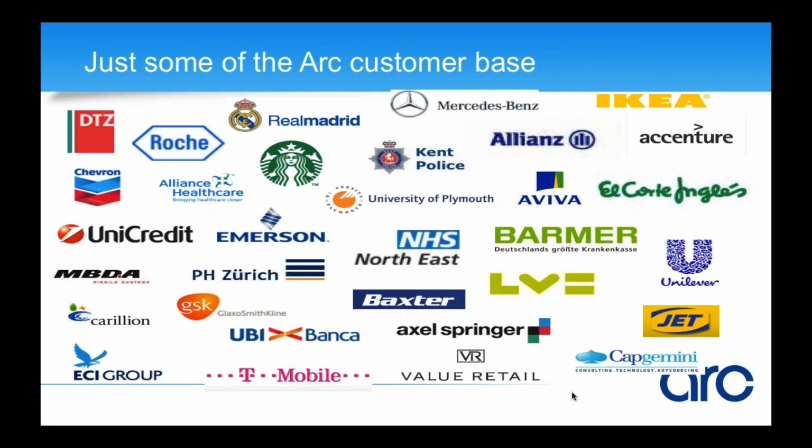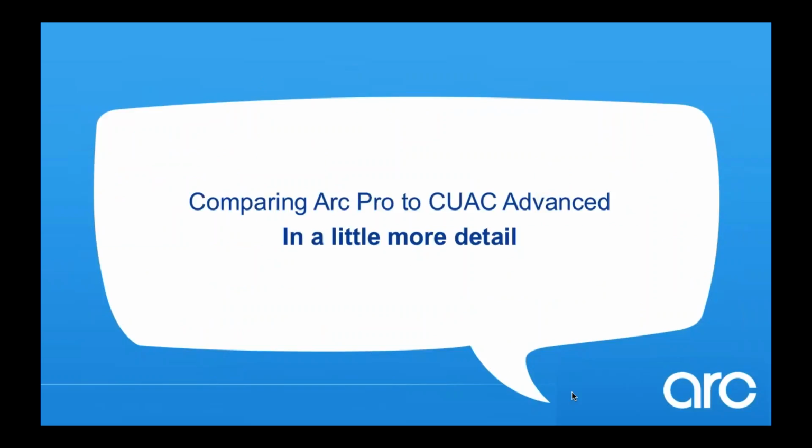So if there was a question as to which vertical Arc fits best in, well, there isn't one, and that applies to the Cisco products as well. Attendant consoles are relevant to almost any types of business, and in most cases more than one type of call reception solution can be deployed in any one business.